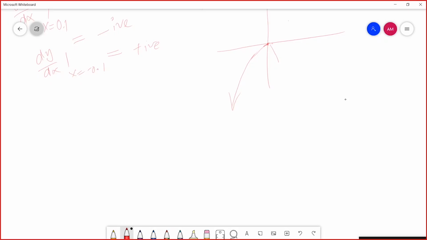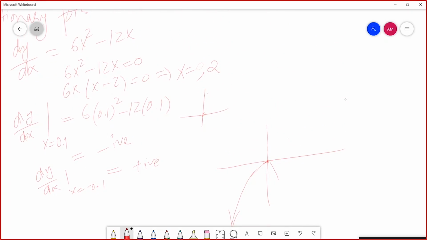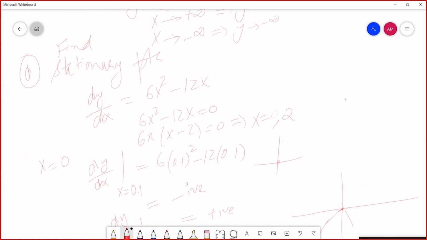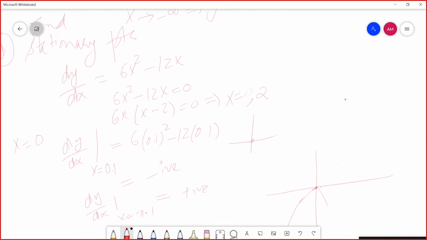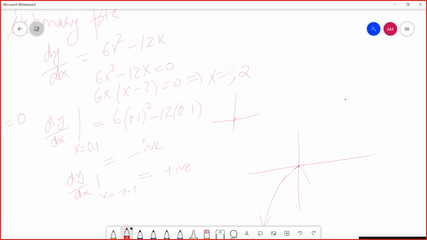And then we had a second stationary point, at 2. So we have 0 and 2, and we have to see what the y value is for the second point.